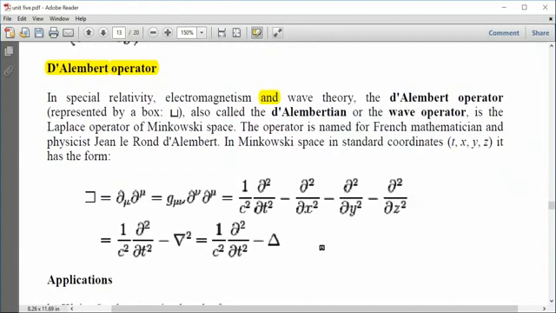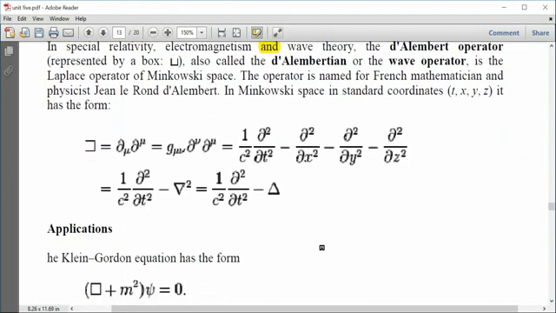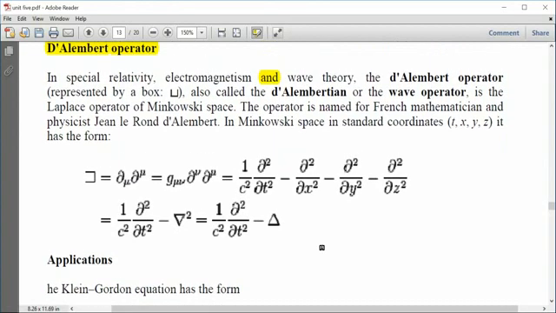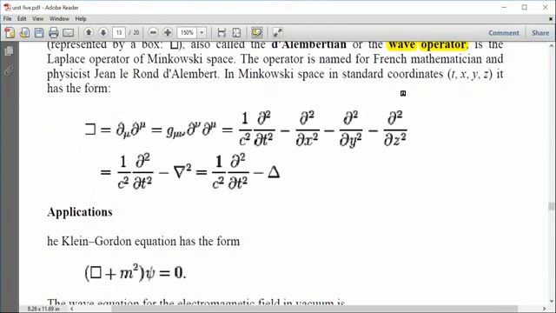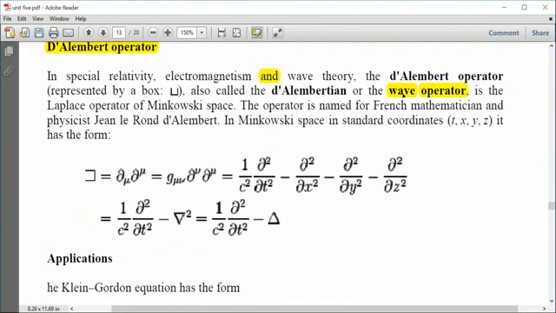The d'Alembert operator is sometimes called the wave operator or the Laplace operator, named after the founders of the formula. It is represented by this box.